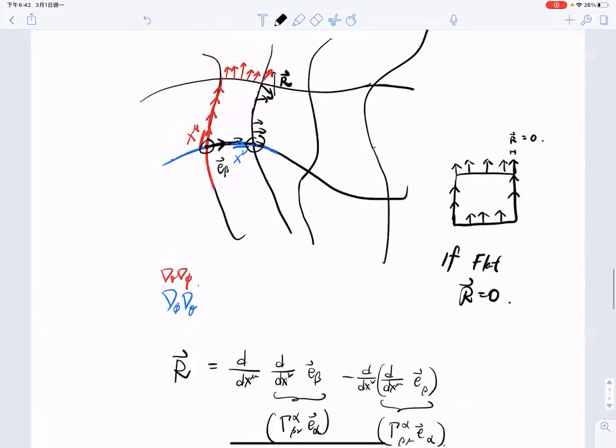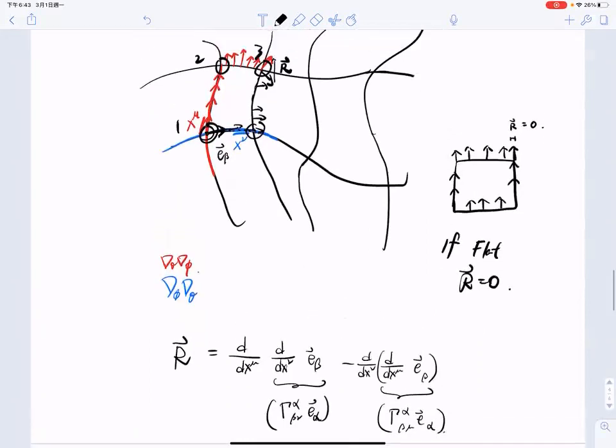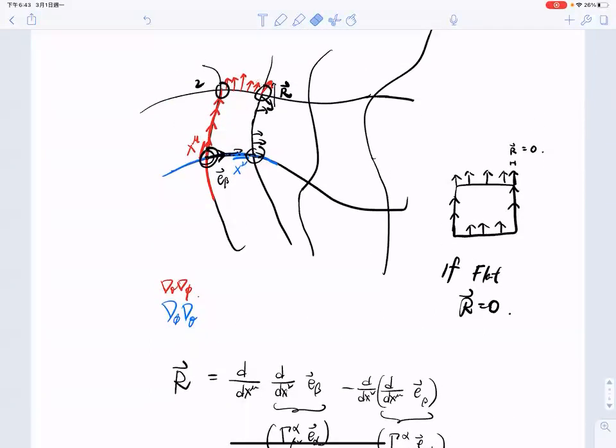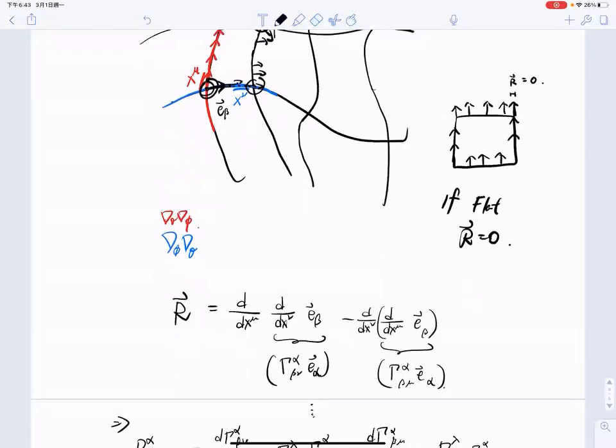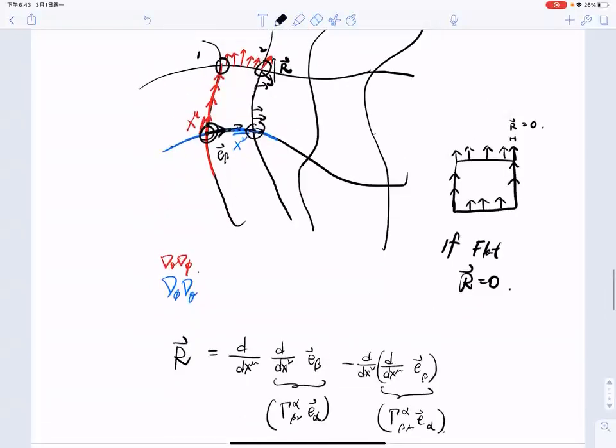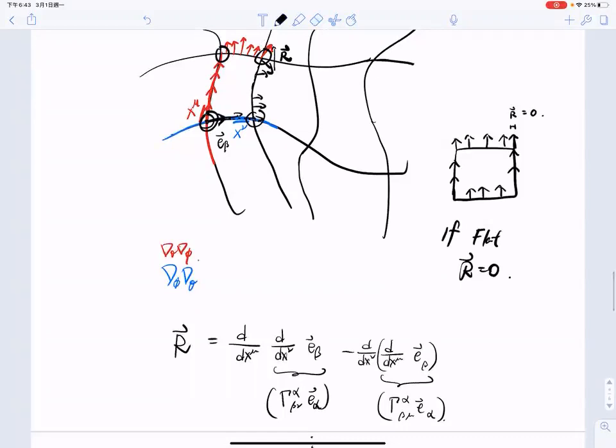First this point transforms to here, and then this point. Okay, 1, 2, 3, and here is 1 and 2. I made some typos.